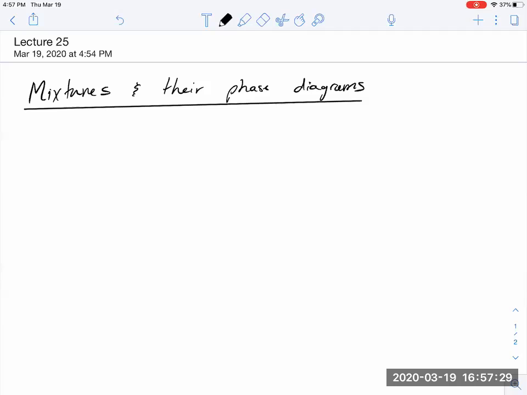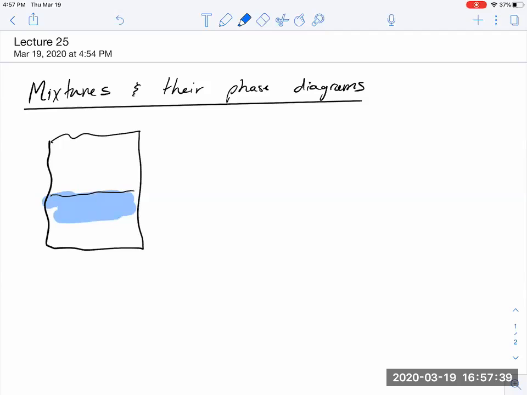So specifically, we ended last lecture talking about liquid vapor coexistence in cases where I had some liquid, say down here, a vapor on top made out of some component A and B. So here's the liquid, here's the vapor, and in general, the composition of the vapor and the liquid need not be the same.